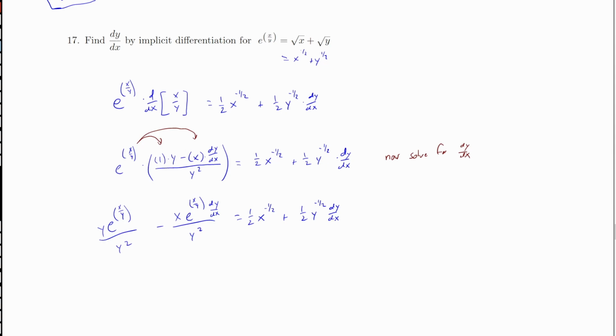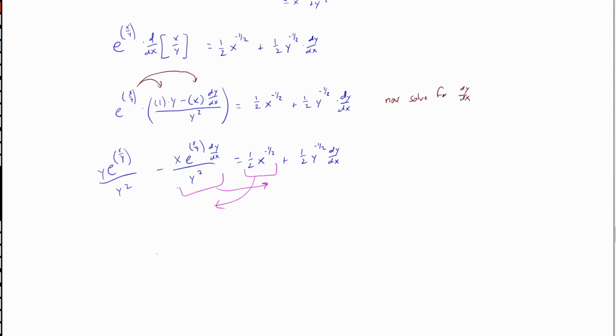What I want to do is get everything with dy/dx on one side and everything else on the other. So I'm going to add to get this big term over here, and subtract to get the 1/2 x to the negative half on the other side. Maybe a little simplifying as we go, cancel those y's.